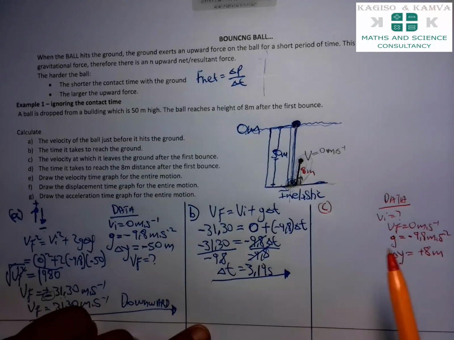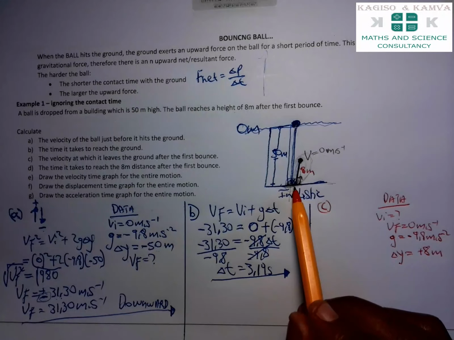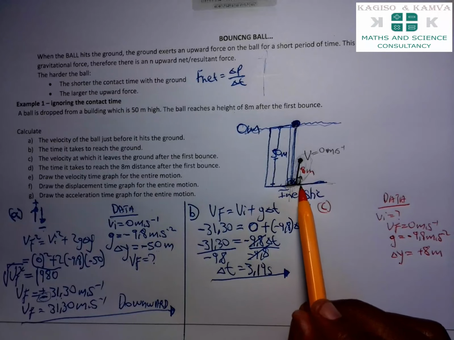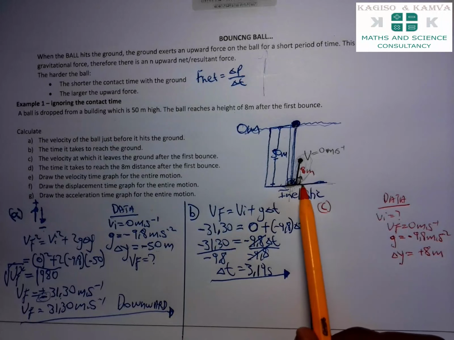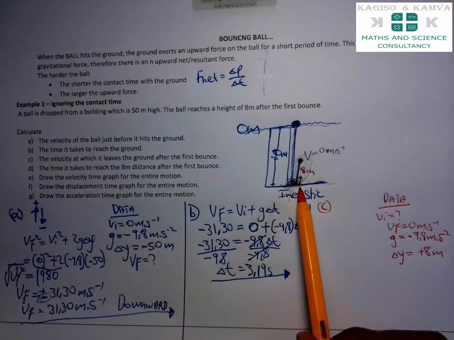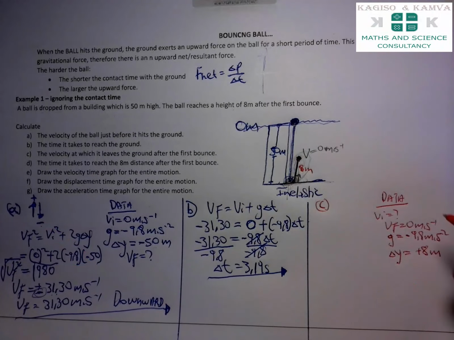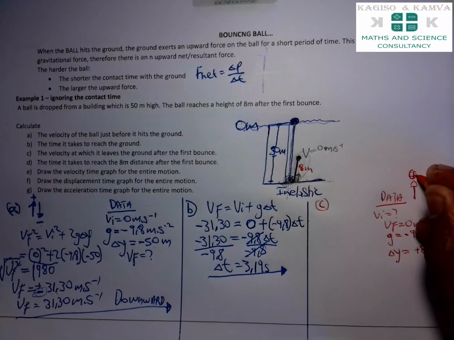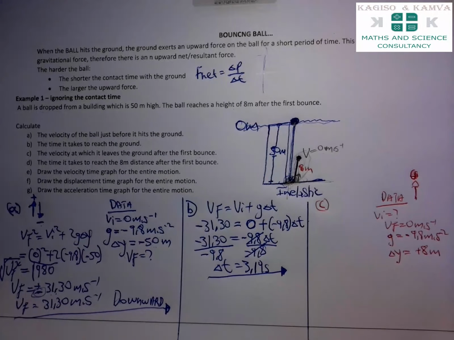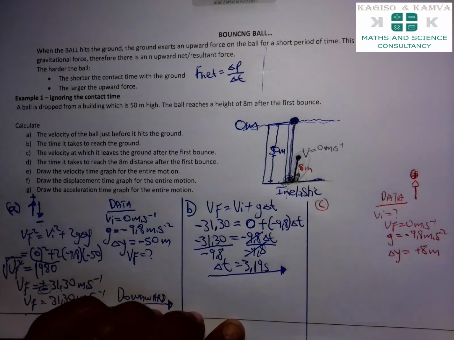Why positive? Because this is the second projectile motion, so where the ball starts is our 0 reference. From here it goes up, covering a positive displacement. We take upward to be positive.